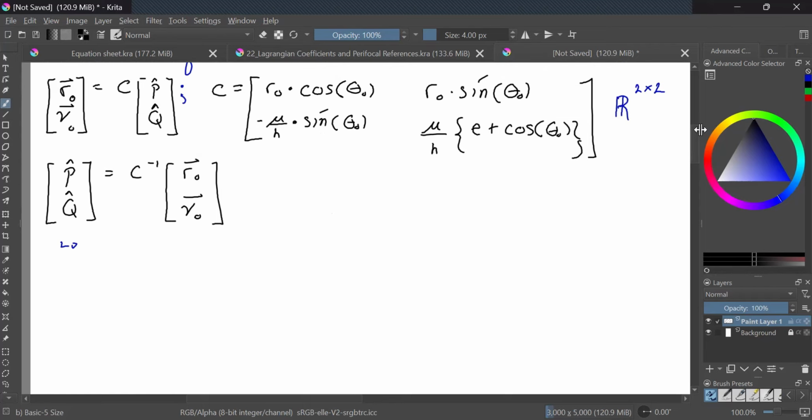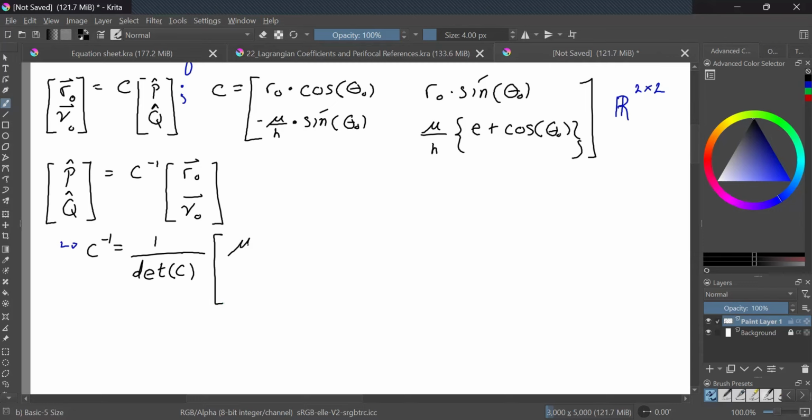Let's see. So C inverted is going to be equal to 1 over the determinant of C times, and then these two will swap places with one another. So I'm going to need more space. There we go.